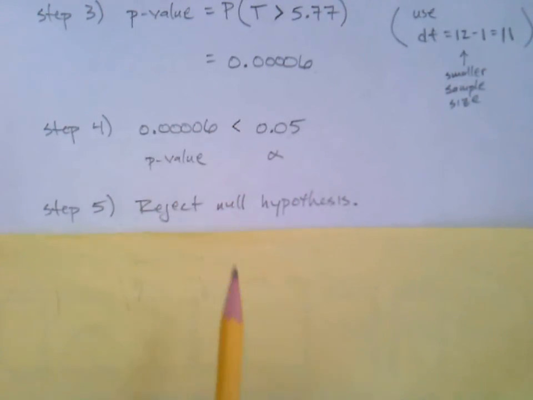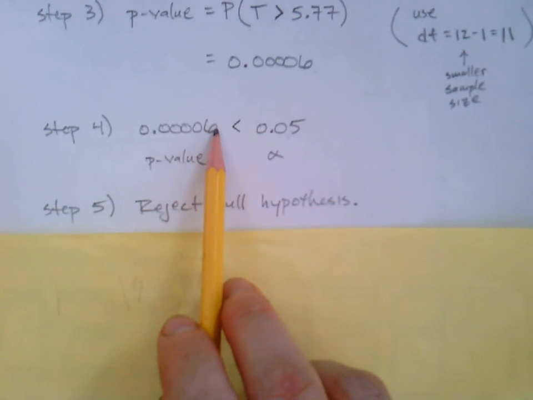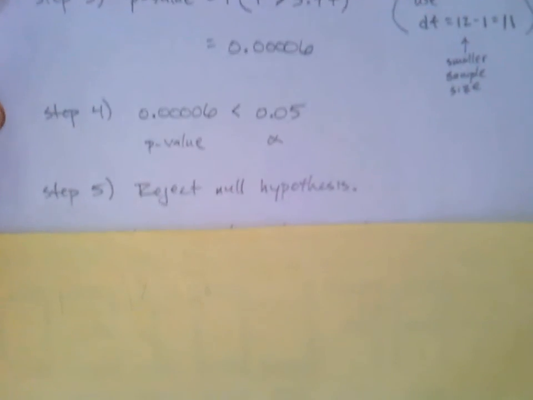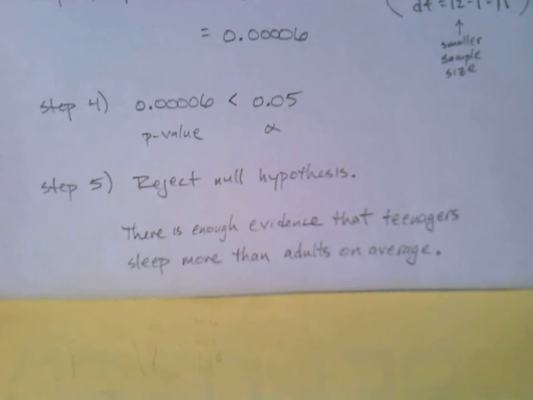The chances of us getting that data, if they really were the same between adults and teens, is tiny, like 6,000ths of a percent. It's much more likely that adults and teens just don't get the same amount of sleep in the first place. So plenty of evidence here. We reject the null hypothesis. And if you wanted the interpretation in a sentence, you might say there is enough evidence that teenagers sleep more than adults on average. You don't have to phrase it this way, but that works pretty well.